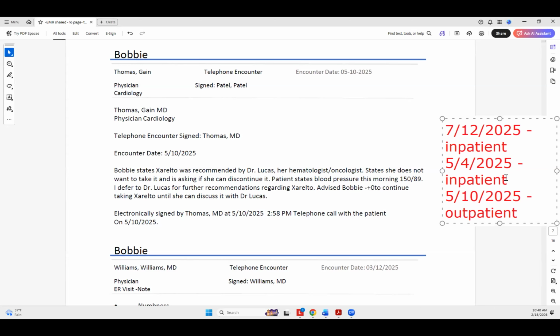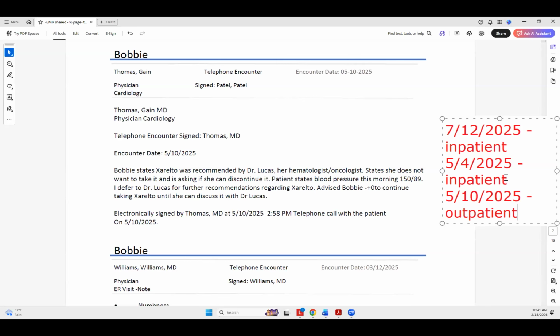So we have inpatient and outpatient pages. What does that mean for this record? Yes, that means this is a shared EMR record. Right, perfect. How do we know that this encounter note on 5/10/2025 is an outpatient?